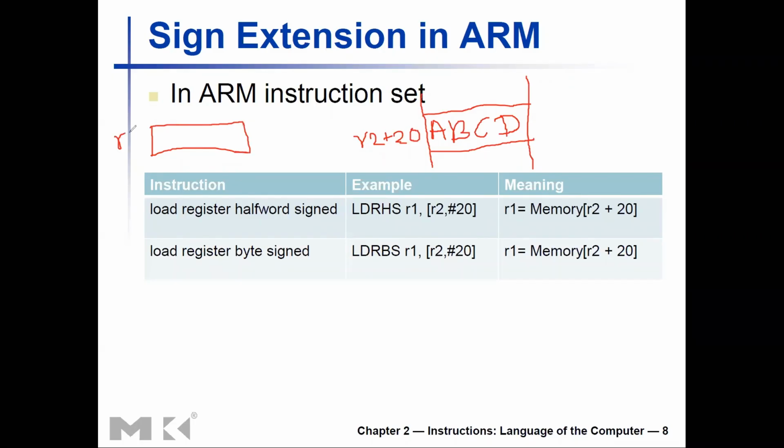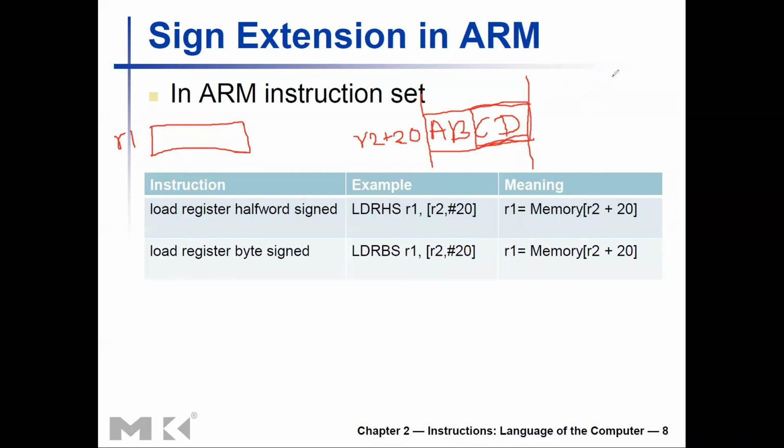So we have R1 here in the processor, and if you execute this LDRHS instruction, it will still be looking at the same memory location, but it will be taking only a half word from this word.